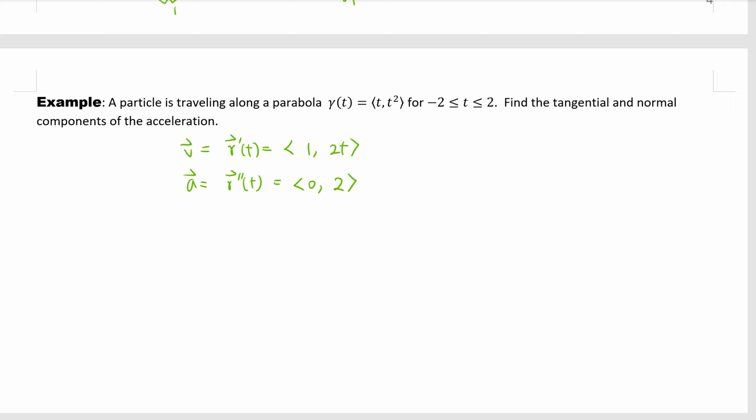Okay, next we want to find A_T. There are two ways to find A_T. We can find the unit tangent vector, and then use A dot the unit tangent vector to find A_T.